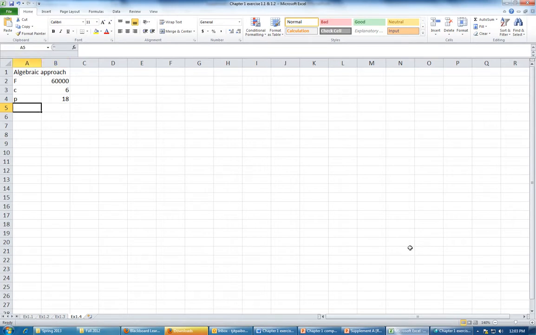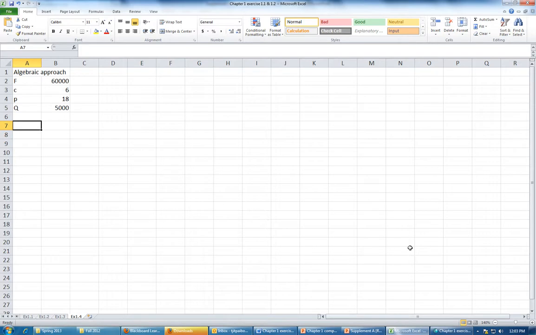So we have a break-even point equivalent to 60,000 divided by, in parentheses, P minus C. Okay, 5,000 units.